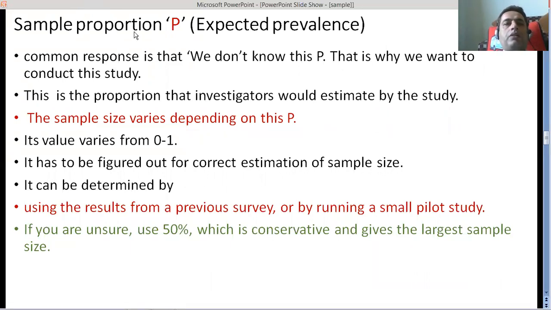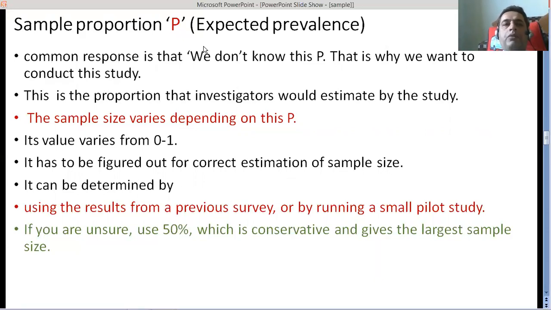When you ask researchers or investigators about it, their common response is that we don't know this P. That is why we want to conduct this particular study, which is not a proper response that an investigator should come up with. You cannot conduct a study by just telling that you want to figure out the expected prevalence.